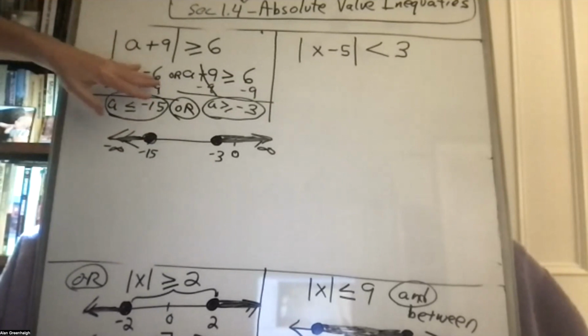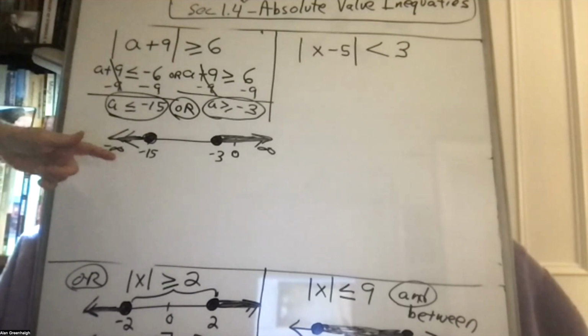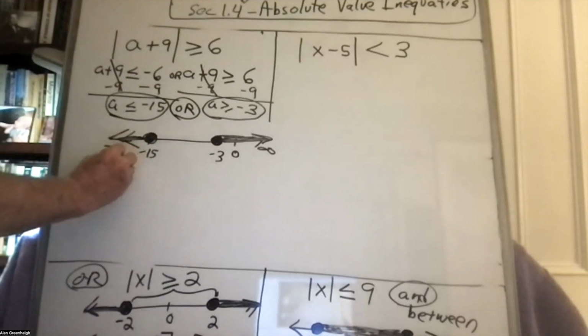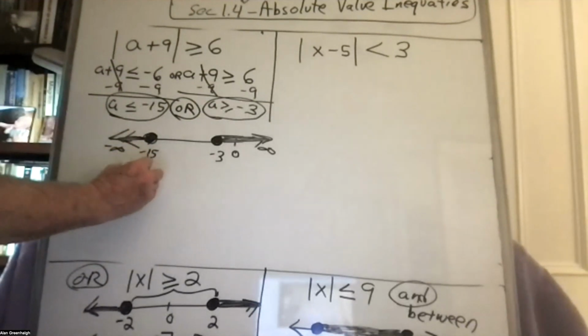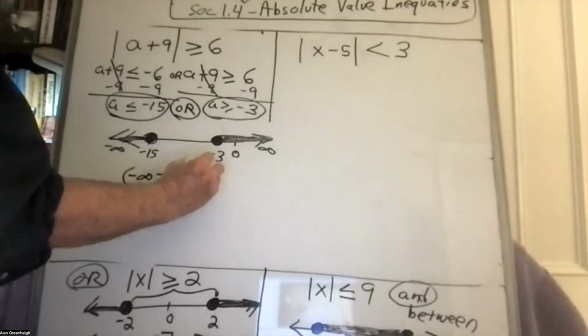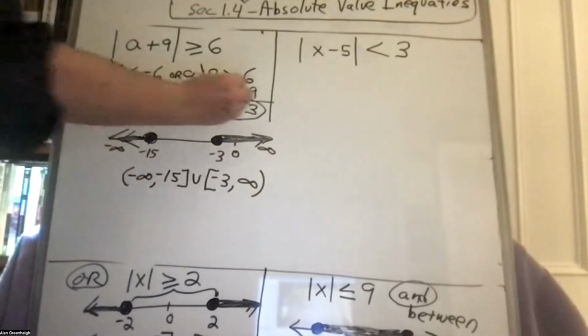So this is what we did. It was a little more elaborate than the previous problems were, but the concept was the same. Everything in the absolute value will either be greater than or equal to 6 or less than or equal to -6. And there's the two parts. And in interval notation, it'll be -infinity to -15 or -3 to infinity. There's the complete problem.